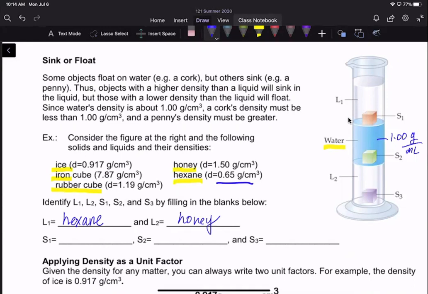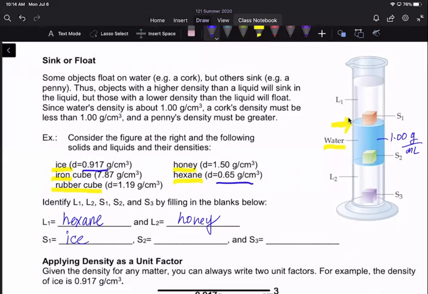So let's look for a solid that has a density in between 0.65 and 1.0. And that should be the solid that floats at that boundary. So that should be ice with a density of 0.917 grams per centimeter cubed.